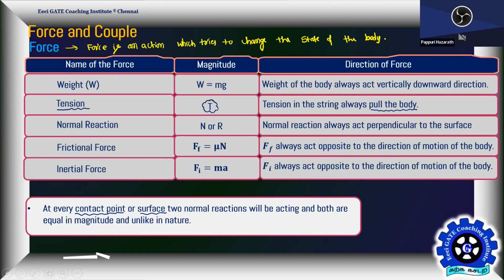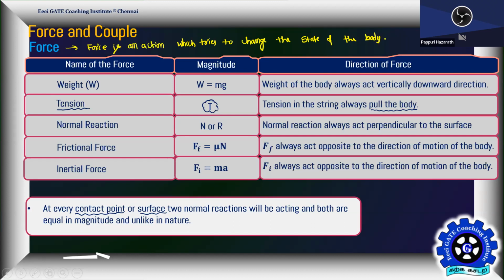To give the importance of these statements, I want to draw a free body diagram for a very basic system of blocks. Then you will get to know the importance of this statement. What is the first statement? Weight of the body always acts vertically downward.